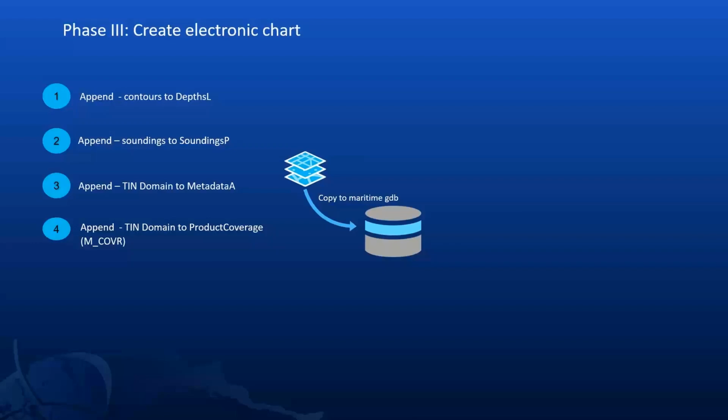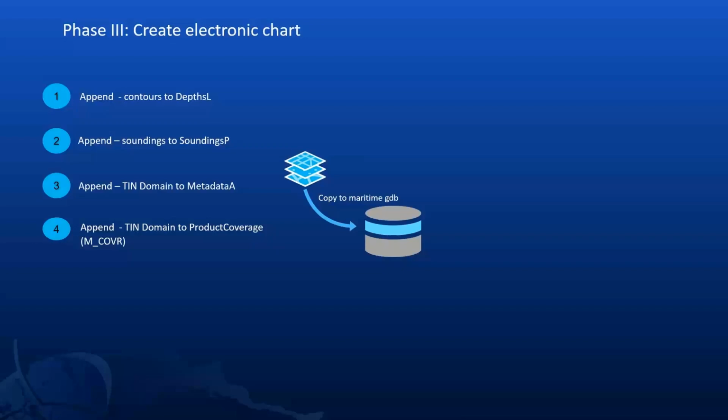Then you start appending these features, because all of the features we've been creating, the contours, the soundings we selected, the TIN domain, are all just in a scratch workspace, a throwaway workspace. We'll use the Append geoprocessing tool to take the contours and add them to the DepthsL feature class in the Maritime Geodatabase. We'll take the soundings and append those to the SoundingsP feature class.